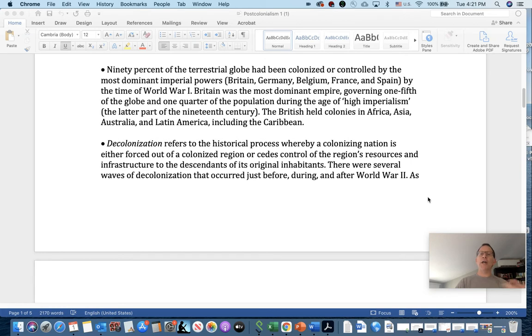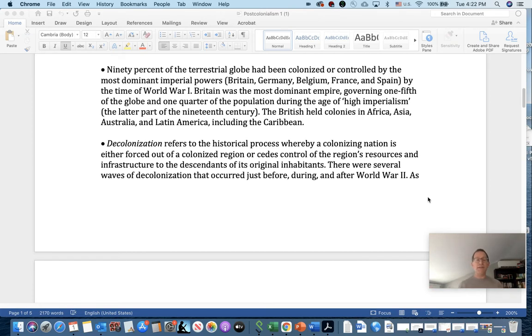So decolonization, which happened in waves towards the end of World War II, refers to the historical process whereby a colonizing nation is either forced out of a colonized region through armed rebellion or various other means, or armed rebellion in conjunction with various other means of resistance, right?